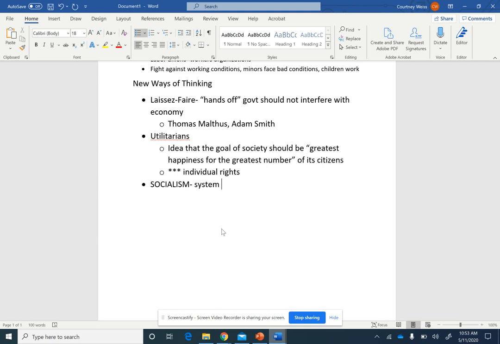It is a system where people as a whole own all the property rather than private individuals.